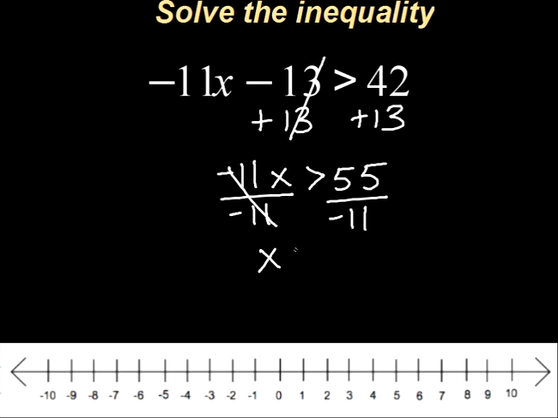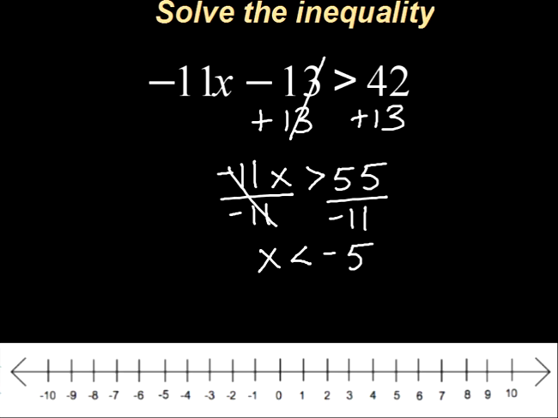Since we divided both sides by a negative, we have to change the sign from greater than to less than. And 55 divided by negative 11 is negative 5. Once again, we change the sign because we divided both sides of the inequality by a negative value.